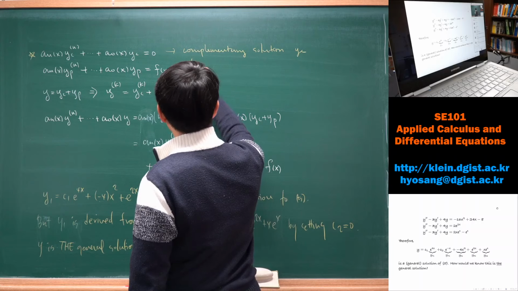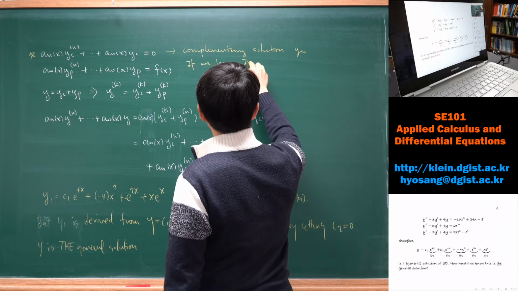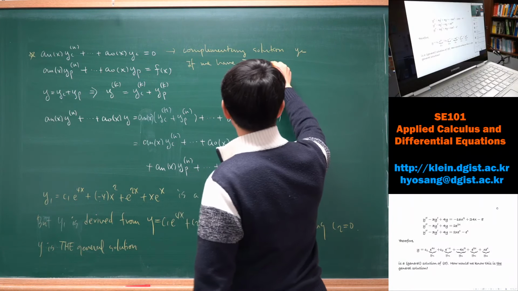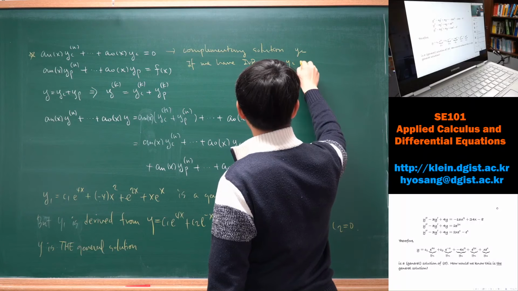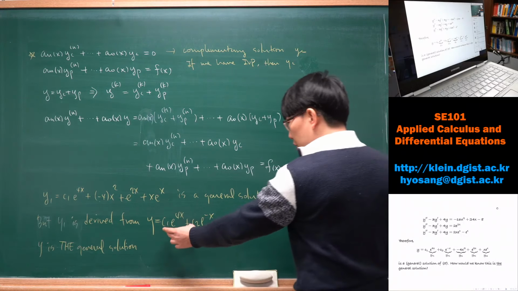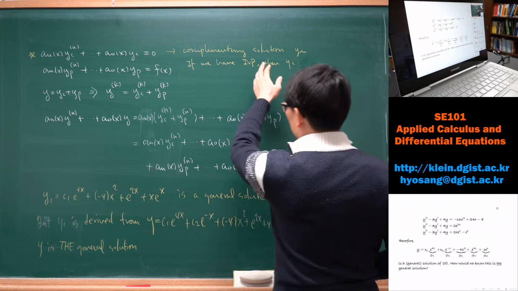But if we have an initial value (IV) problem, then YC becomes a particular solution because we are going to find particular constants C1, C2 satisfying this condition.